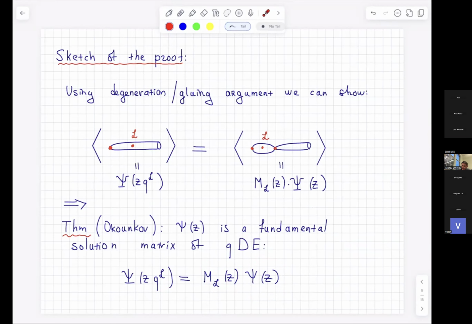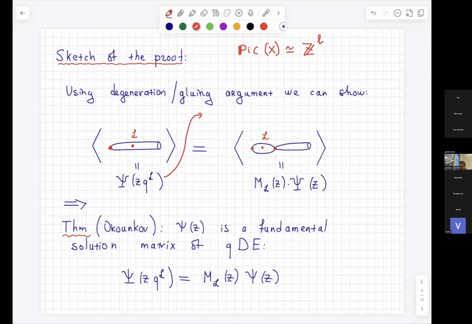Yeah, so here maybe I should explain it. In general, Pic of X is generated by tautological bundles for Nakajima varieties, and it's a lattice.